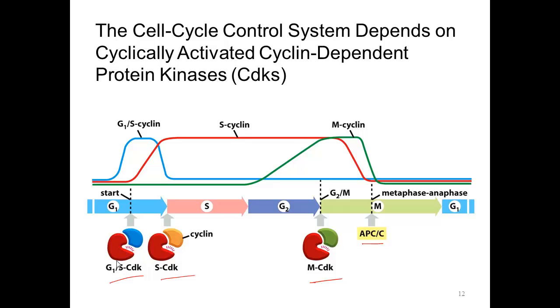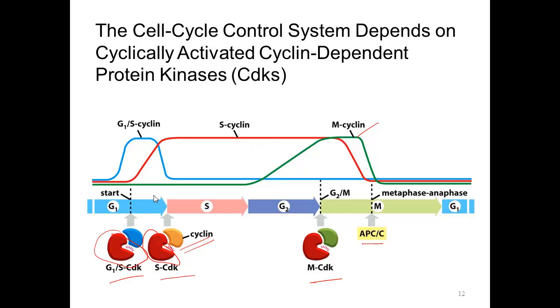Now, I'll emphasize that the CDK portions of the subunits persist at relatively constant levels throughout the cell cycle. It's only the cyclin subunit that's rising and falling in concert with the stage of the cell cycle that it's in. And specifically, the degradation of M cyclin is required for exit of the mitosis phase.